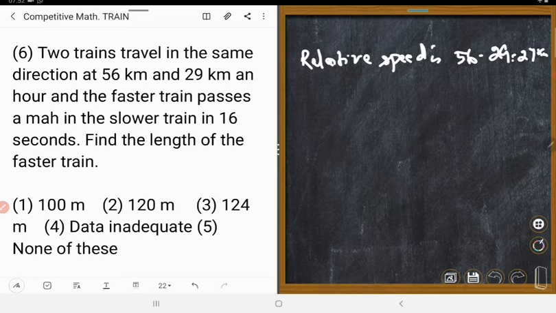And the faster train passes a man in the slower train in 16 seconds. Could you understand? 16 seconds.